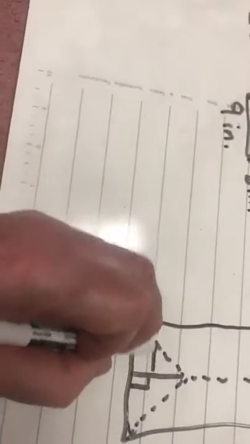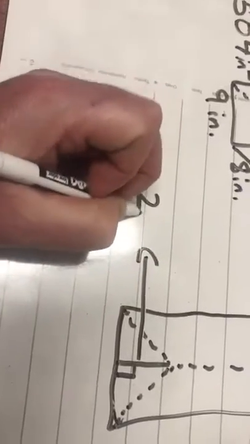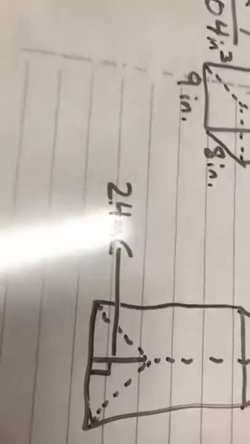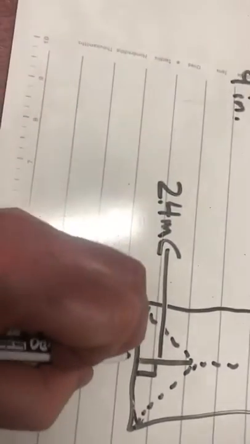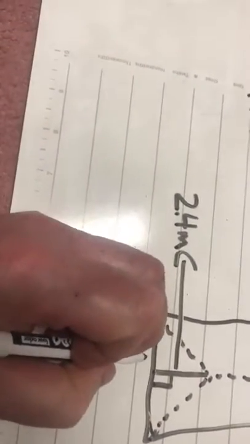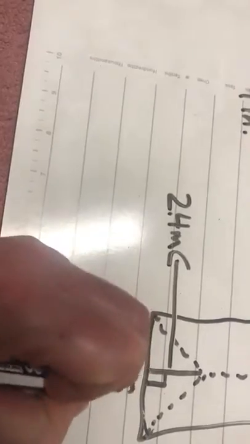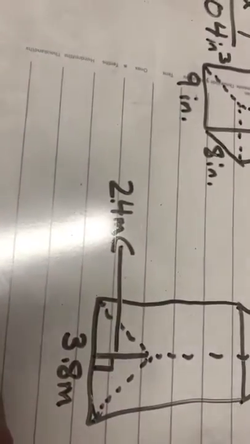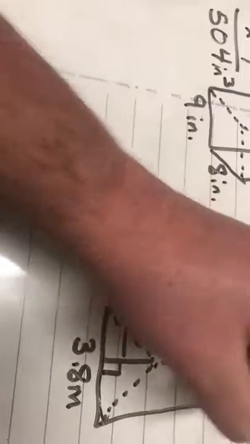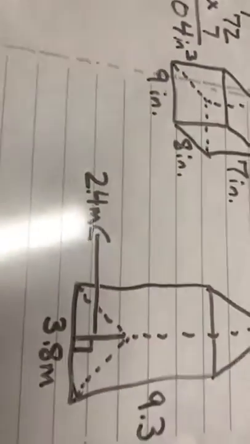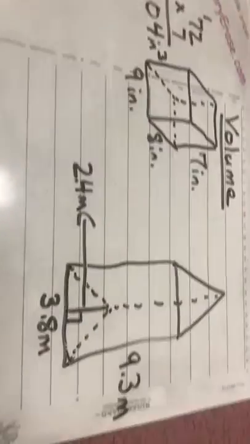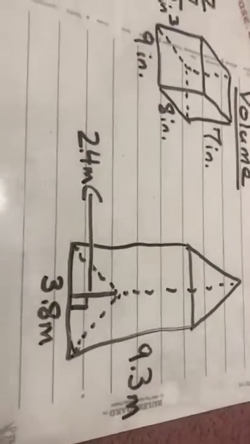We're going to say that the height is 2.4 meters. Then this length is 3.8 meters, and this distance right here is going to be 9.3 meters.